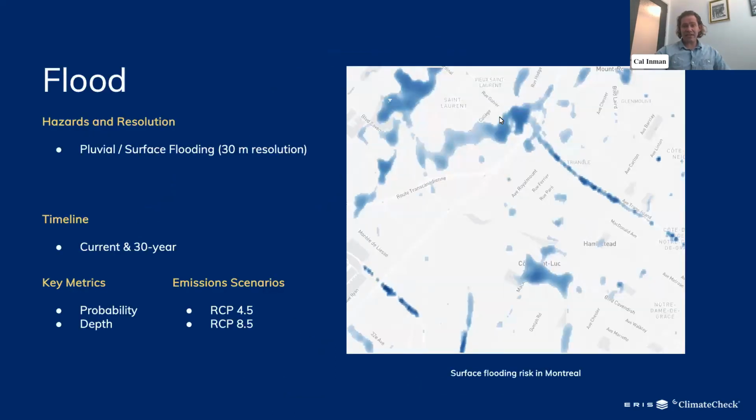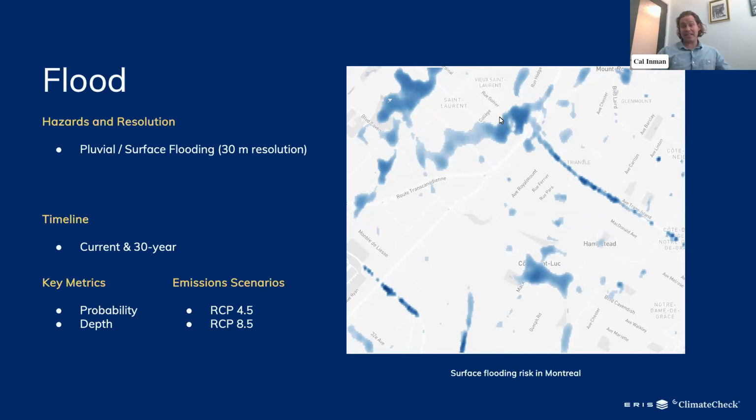The first hazard, flooding, is our most granular hazard. It's on a 10-meter grid across all of Canada. We take future rainfall simulations from these global climate models and pour them over elevation maps across all of Canada, taking into account soil porosity and understand where that water pools.